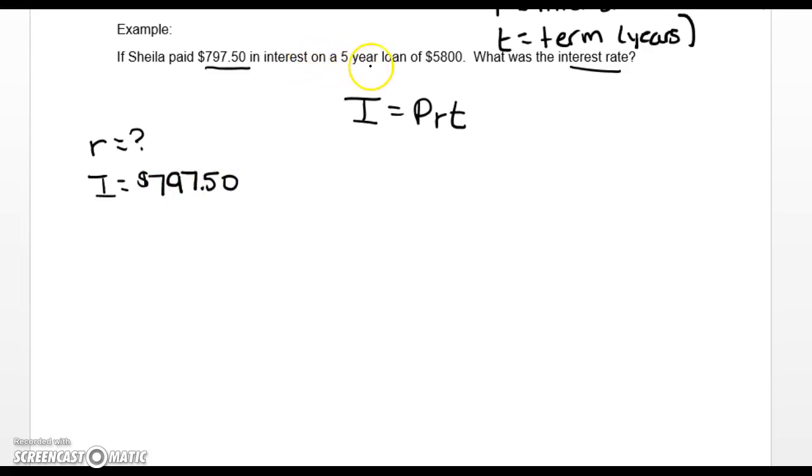Then it says a 5-year loan, so this tells us the term is 5 years, and the principal is $5,800.